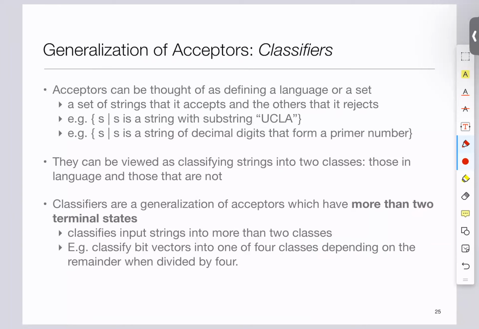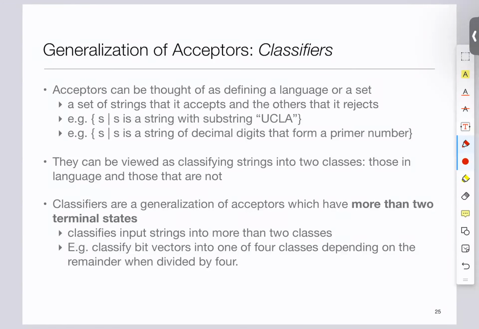A slight generalization of it is called classifiers, and the idea is the classifiers can end up in more than two states. So I give you a string, and what's a good example? Let's say it's a string of digits, and I say, think of it as a number, and tell me what is it modulo 7, the remainder when I divide by 7. In that case, there are 7 possibilities, right?